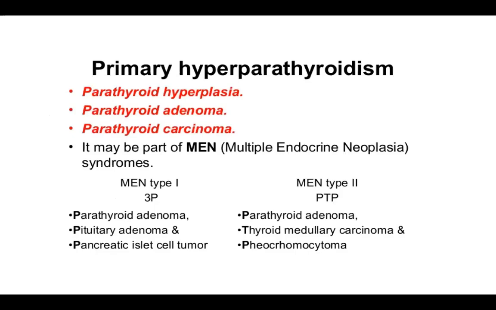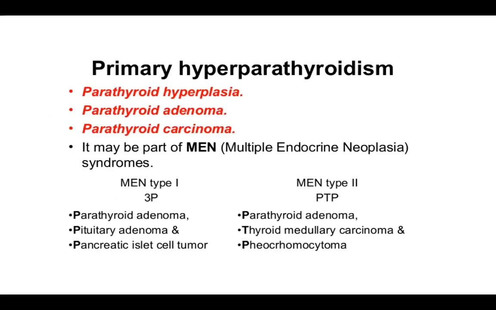So now coming on to hyperparathyroidism. Again, we will see three types of hyperparathyroidism: primary hyperparathyroidism, secondary hyperparathyroidism, and tertiary hyperparathyroidism.